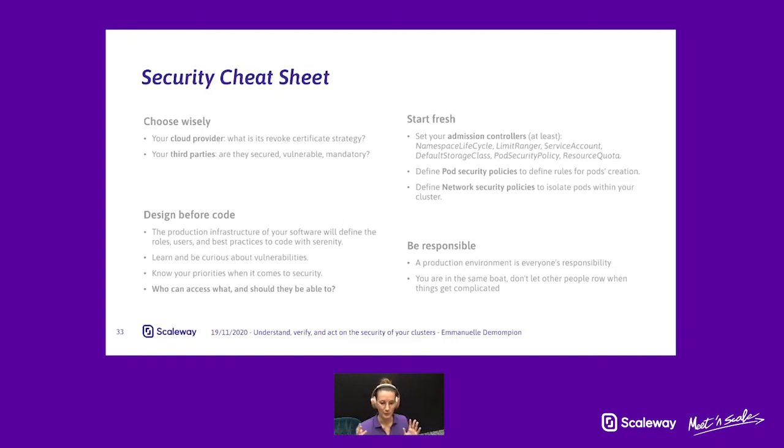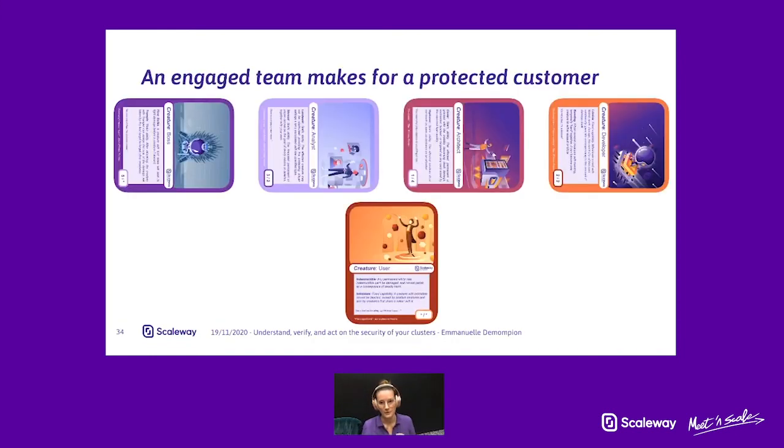So you're supposed to be all on the same boat. So when things get complicated, help each other and learn from it. So basically, I guess that's the conclusion that I like: an engaged team makes a protected customer. I hope some of you get that reference.